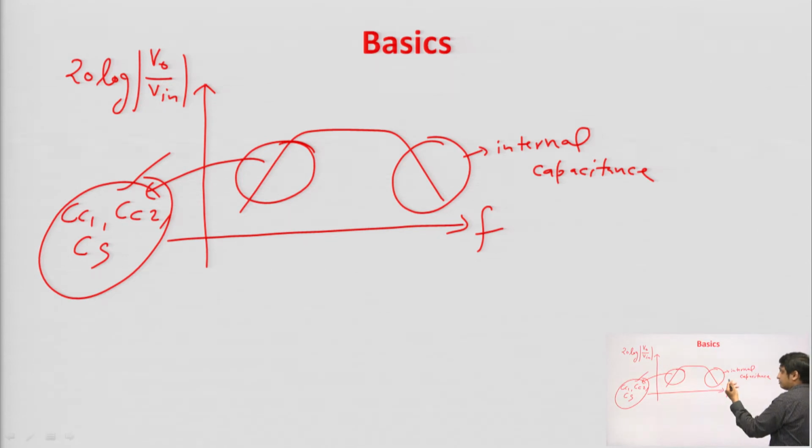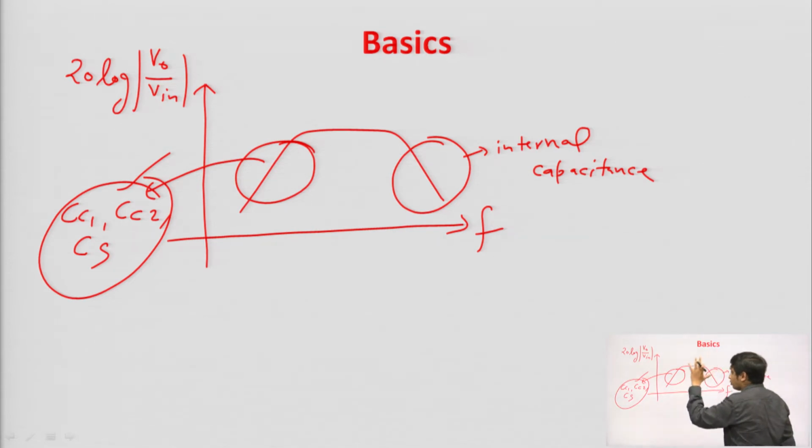The reason is that if we are using a transistor, whether it is BJT or MOSFET, there will be some internal capacitances formed inside that transistor. I had explained why at high frequency the internal capacitances play an important role and why at low frequency these coupling capacitors play an important role.